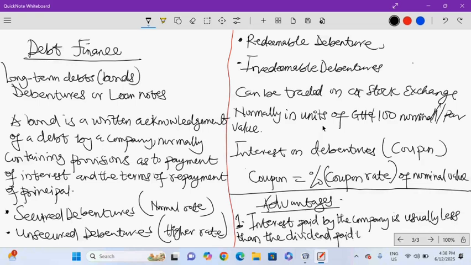Yes, usually the interest is lower than the dividend. Dividend is always usually higher than the interest or the coupon.